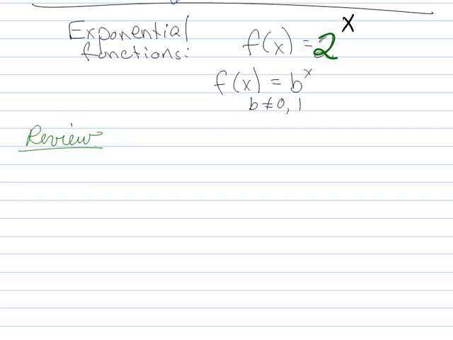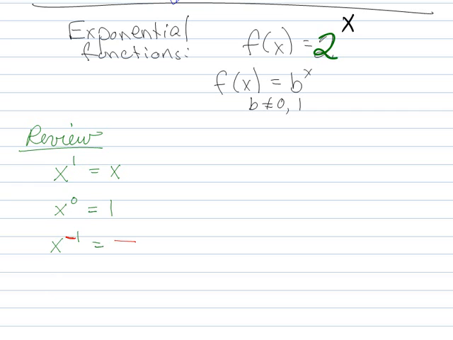So maybe you remember, if I have x to the first, that is just x. x to the 0 is 1. What is x to the negative 1? Remember the negative exponent here?